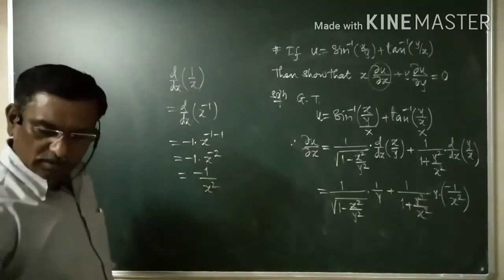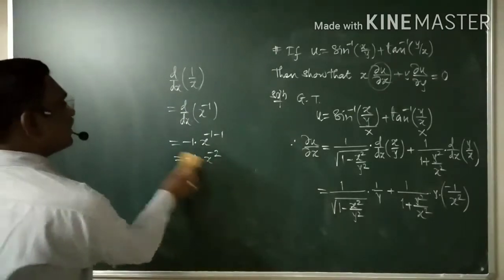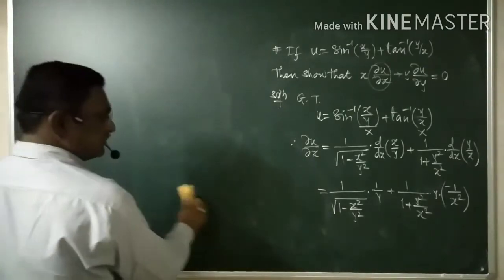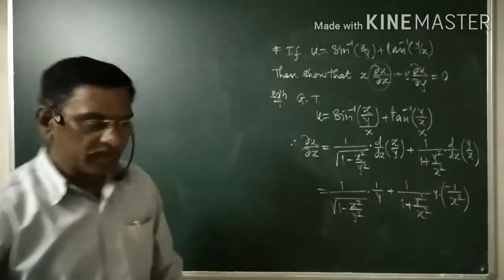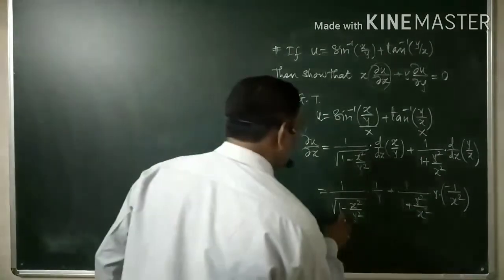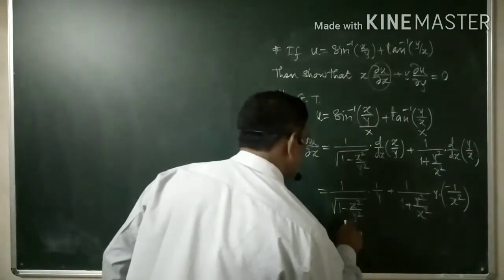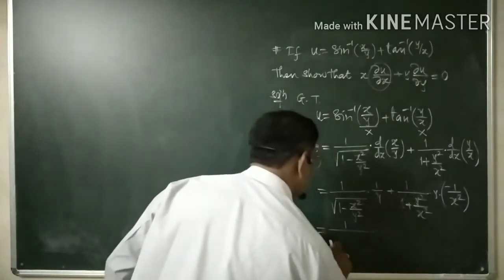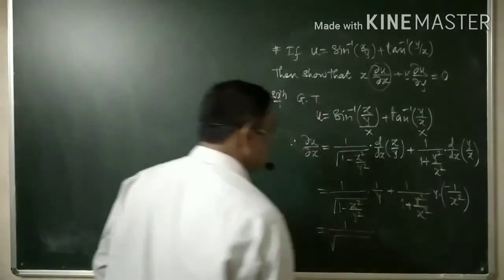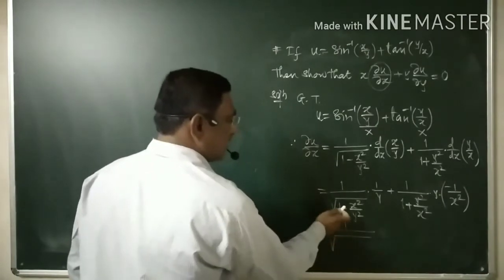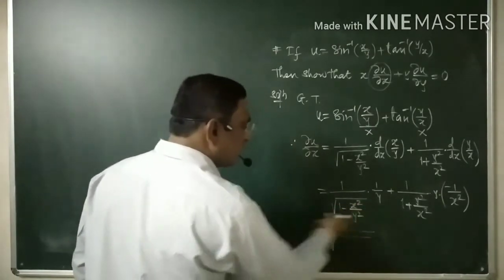Therefore, here this one, and now you need to simplify it. How to simplify? This is equal to 1 upon root of y square minus x square upon y square.